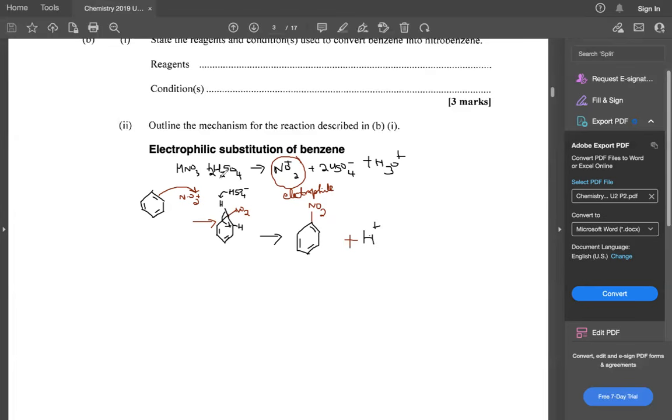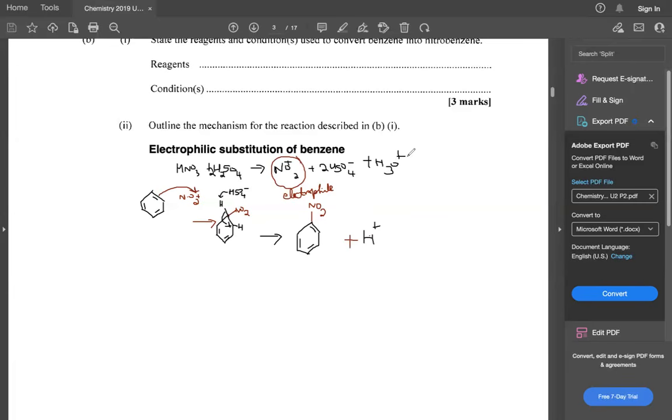So just to recap, we use this nitrating mixture, the mixture of nitric acid and sulfuric acid, to generate our electrophile. We have this HSO4 minus, a weak base, the conjugate base of this acid, that gets formed as well. And then we have the H3O plus, so that's our hydronium ion, right?